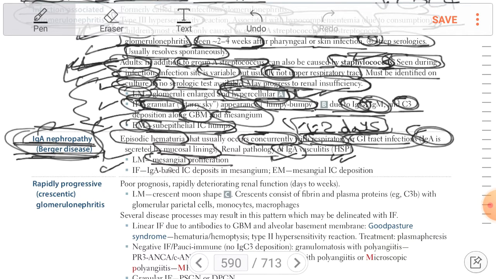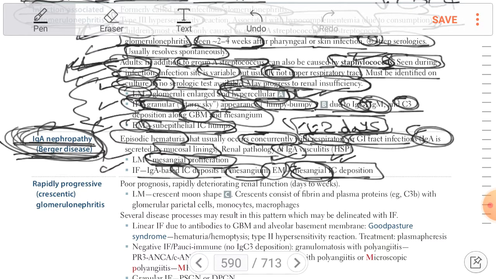So on light microscopy, immunofluorescence, and electron microscopy, there is mesangial proliferation in immunoglobulin A nephropathy. And there is immunoglobulin A based immune complex deposition in the mesangium. On electron microscopy, there is mesangial immune complex deposition, and there is proliferation of mesangial cells.